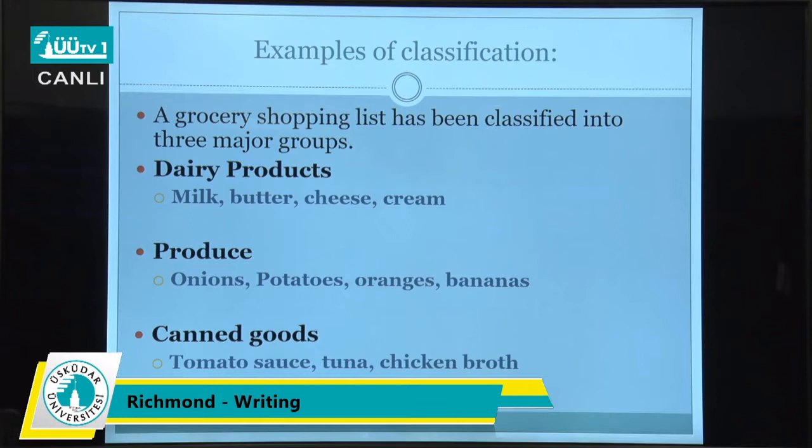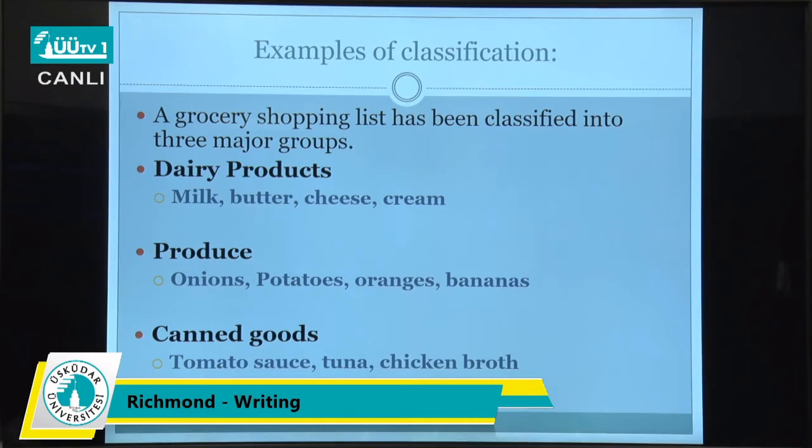In the first group, we have milk, butter, cheese and cream. In the second group, we have onions, potatoes, oranges and bananas. And in the third group, we have tomato sauce, tuna and chicken broth.